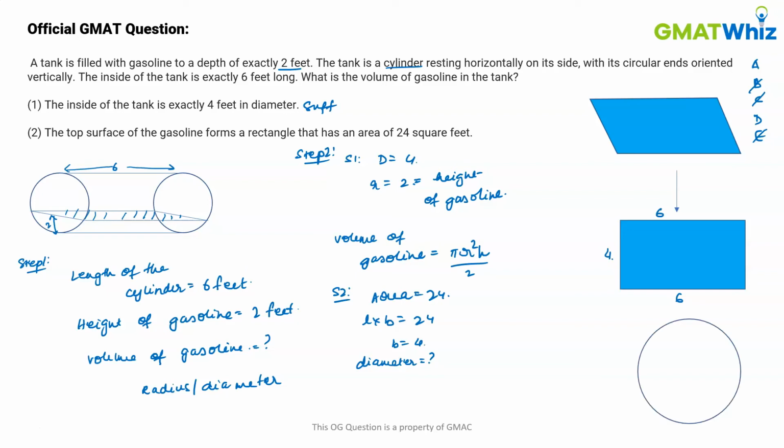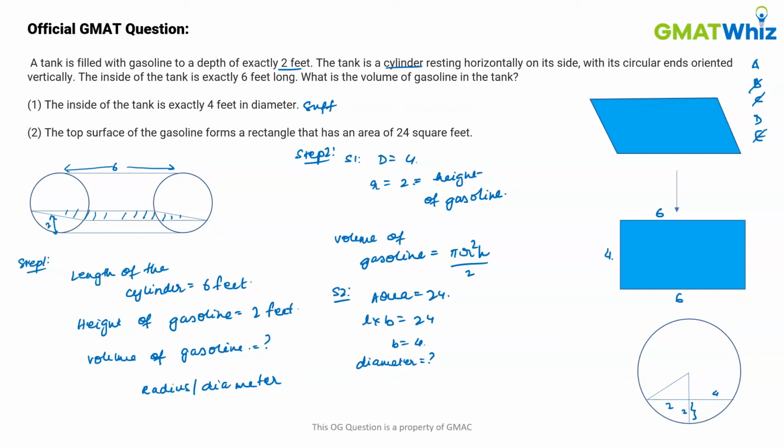So if this is the cylinder and this is the length 4, okay, and this is the radius of the cylinder, and this will also be the radius. So we know that this length is going to be 2 since this is the height of the gasoline and this is also going to be 2.